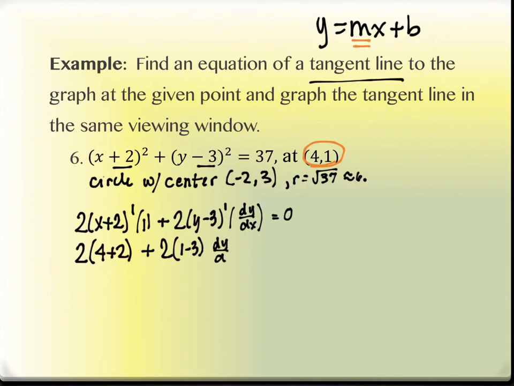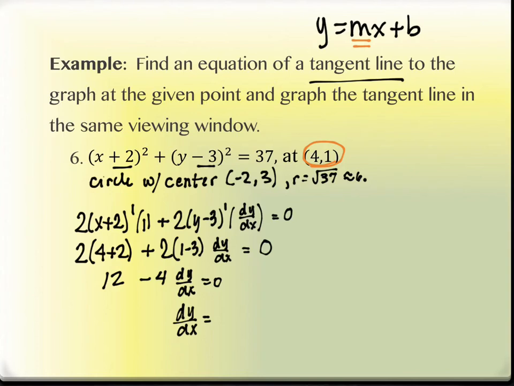dy dx equals 0. So 4 plus 2 is 6 times 2 is 12. 1 minus 3 is negative 2 times 2 is negative 4. And if I solve for dy dx, what will I get? 3, right?